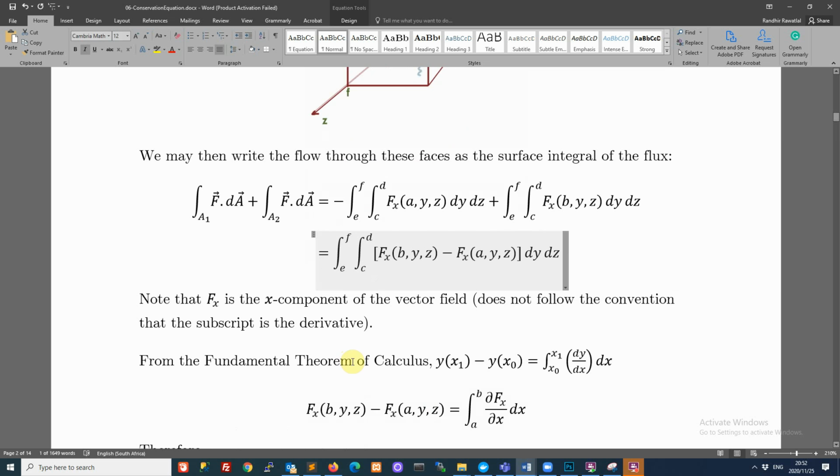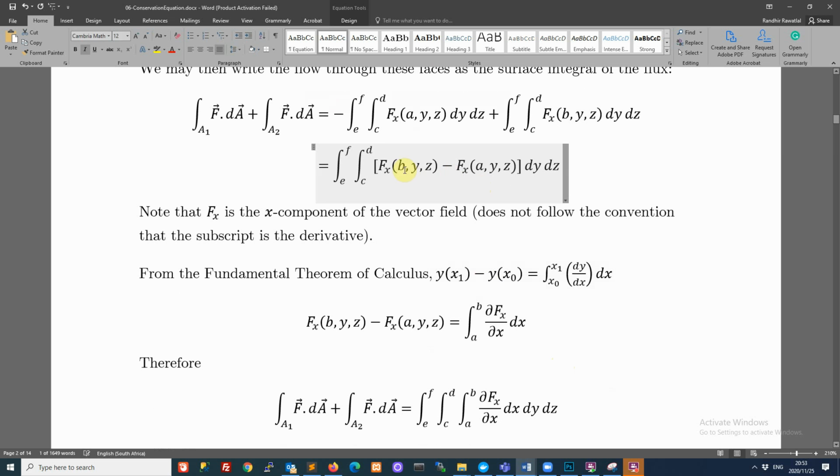And now if we apply our fundamental theorem of calculus, we said that the difference in a function, the value of the function at one point minus the value of the function at another point, will equal the integral of the derivative of the function across that space.